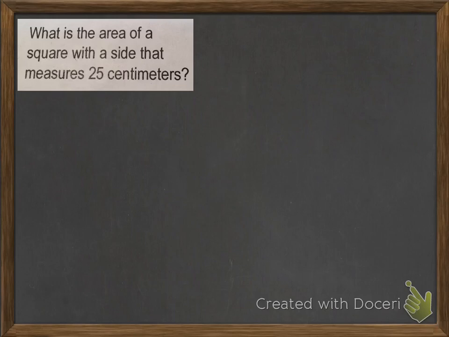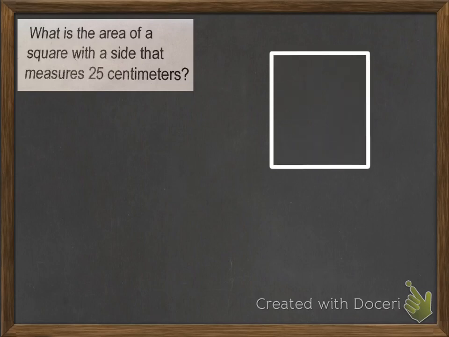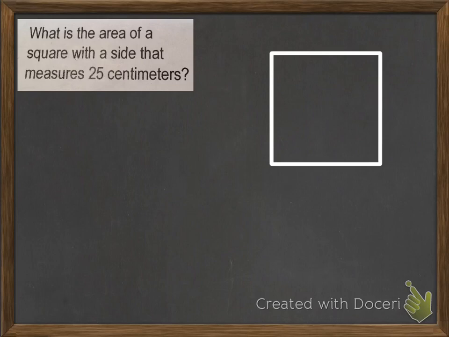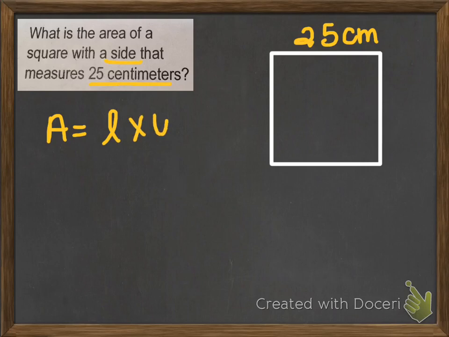To do this, we need to draw a square, and remember that a square has 4 equal sides. They're giving us some of the information. One side is 25 centimeters. Now, the area is equal to length times width.